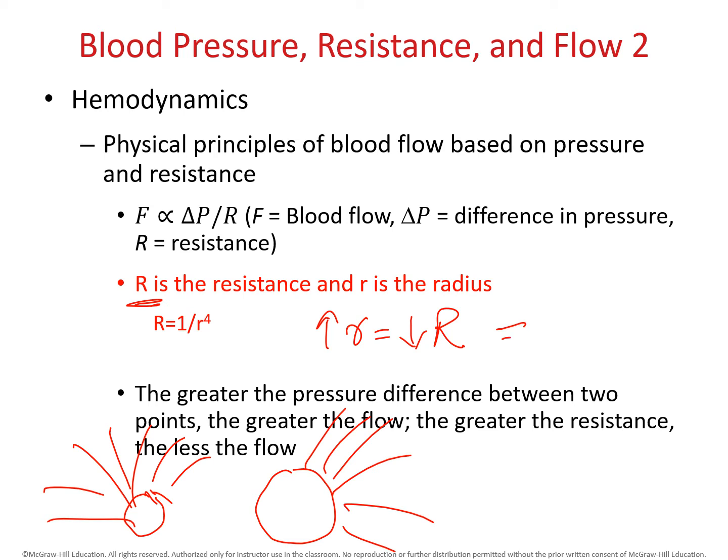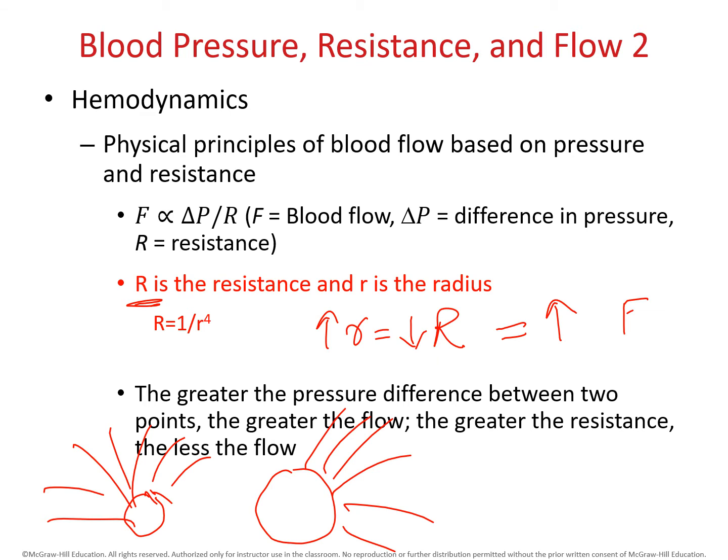So if you decrease the resistance, you increase the blood flow, okay? Or simply, we can call it flow. Resistance and flow are inversely proportional to each other. Radius and resistance are also inversely proportional to each other.